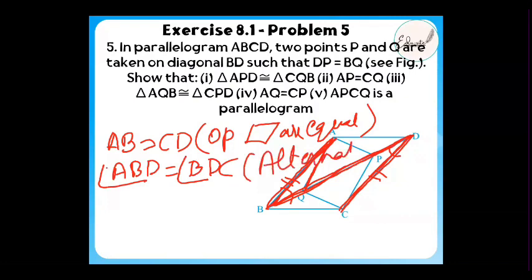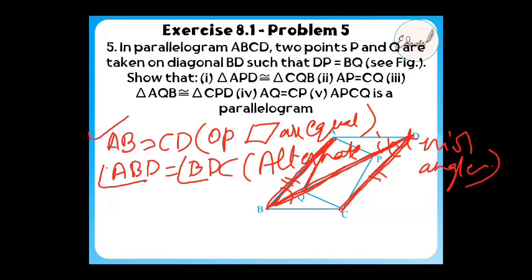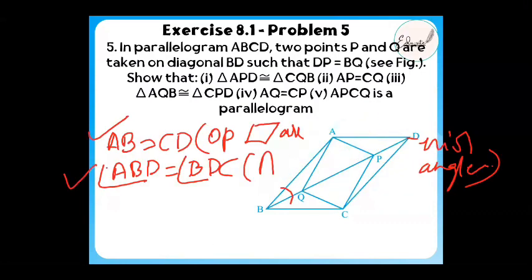Alternate interior angles we call these, alternate interior opposite angles. Okay. Two are done. One we took a side, one we took an angle. We need one more side. Where can we prove another side from, beta? Tell me one more side that can be equal.